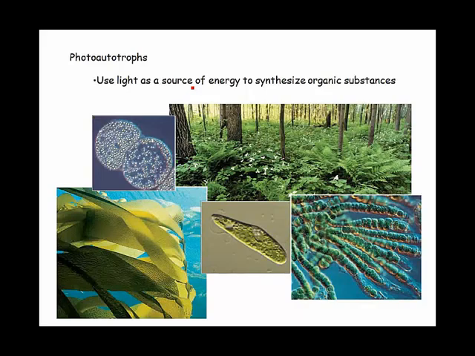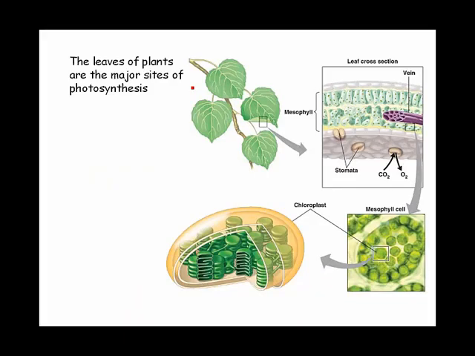Since we are focusing on the plants, the leaves will be the major site of photosynthesis inside the plant. If you take a cross section of a leaf, it is just packed full of cells that are specialized for the very role of photosynthesis. And the reason that they're so specialized for this role of photosynthesis is because they are packed full of chloroplasts.